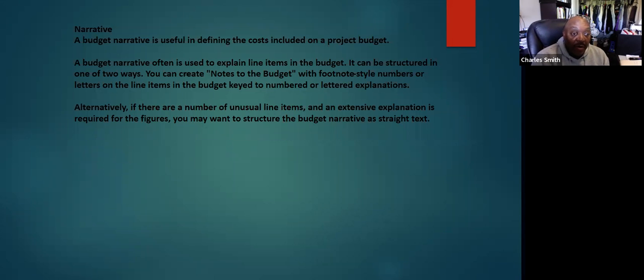You can create notes to the budget with footnote style numbers or letters on the line item in the budget keyed to numbered or lettered explanations. Alternatively, if there are a number of unusual line items, an extensive explanation is required for the figures. You may want to structure the budget narrative as straight text.